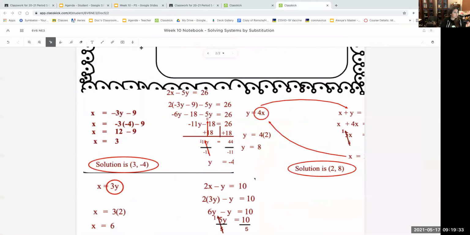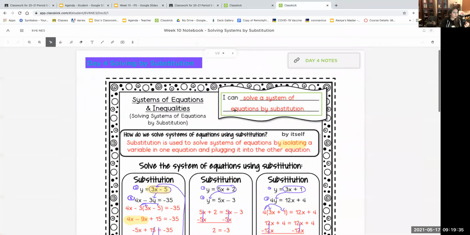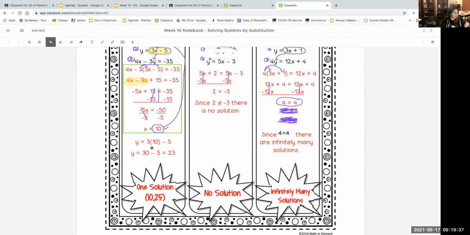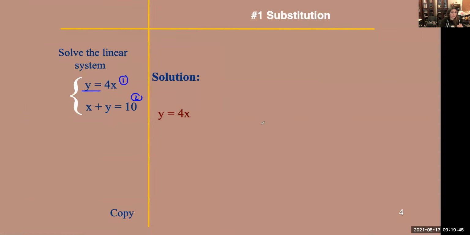Here's the deal. For the first page, we did all of our work going down. I actually don't like that. I don't like having the x's here and then y underneath. I like it kind of like this, where I put one question here and one question here. The reason why I like this is because I can make kind of a circle path that lets me know that I've completed everything.